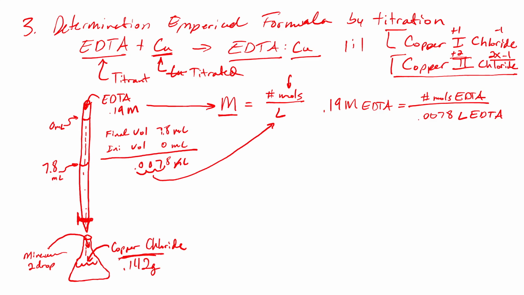So all you have to do is solve. All you have to do now is solve for this right here, number of moles, and it's as easy as multiplying the concentration times the number of liters, right? And so I'll do that real quick. 0.19 times 0.0078.